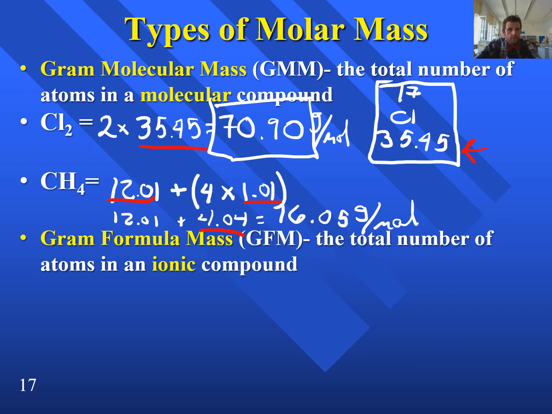The gram formula mass is just a difference if it's an ionic compound. We're going to talk more about this later. I just wanted to expose you to these ideas right now. But right now, just realize that we're going to be calling this molar mass. That's the key word that you need to know.